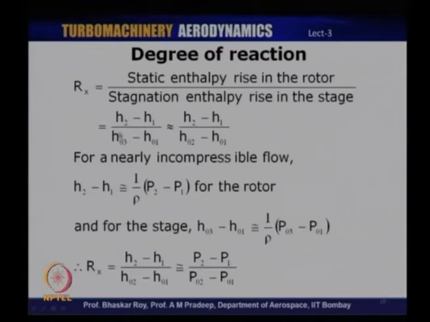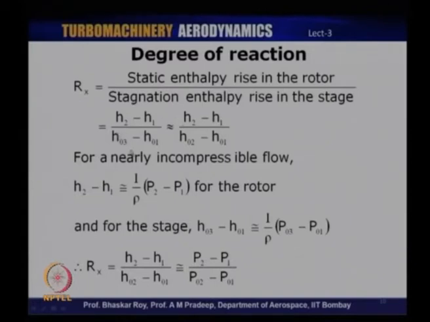That is, H2 minus H1, which is the static enthalpy rise in the rotor, divided by H03 minus H01, which is the stagnation enthalpy rise taking place in the stage. This is equivalent to H2 minus H1 divided by H02 minus H01, because H02 is equal to H03. There is no stagnation enthalpy change in the stator.